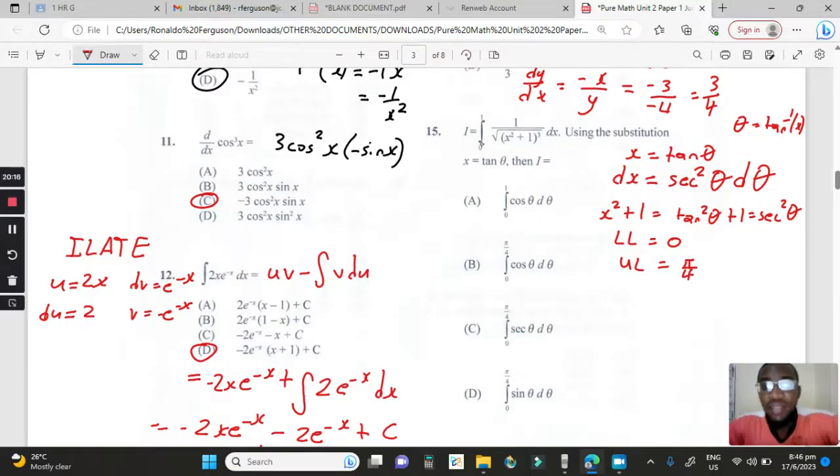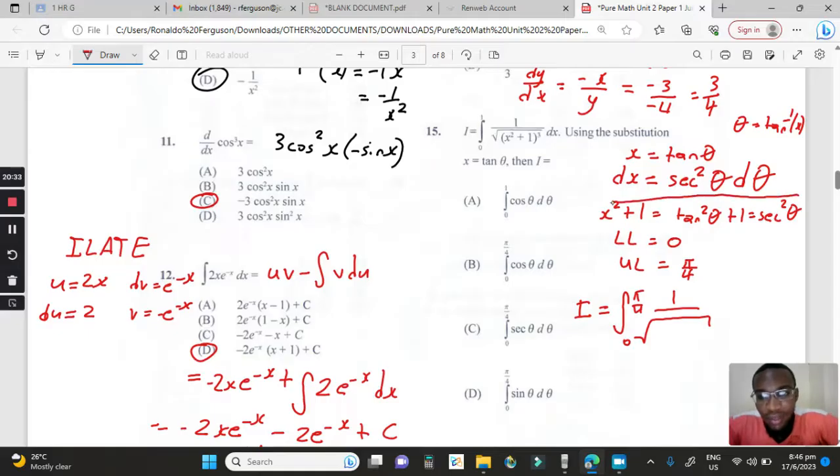So now that we have that, I is equal to the integral from 0 to pi over 4 of 1 divided by the square root of x squared plus 1, cubed. Remember, x squared plus 1, we said right here, is sec squared theta. So that part is now the square root of sec squared theta, and it's being cubed.